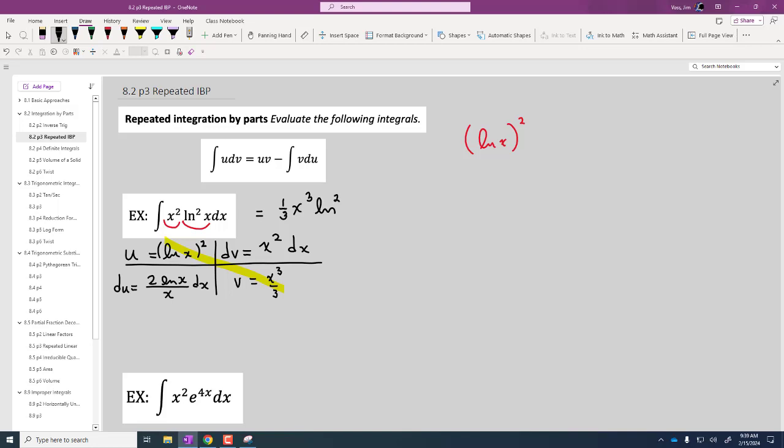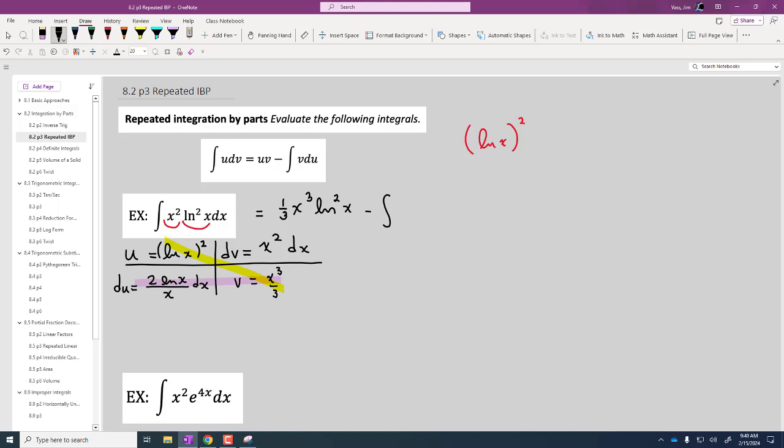I'll go to that shortcut notation here. All right, so that's where we're at with uv. Minus the integral of v du. v du is the bottom row. Voodoo. So that's going to be the integral of all this.